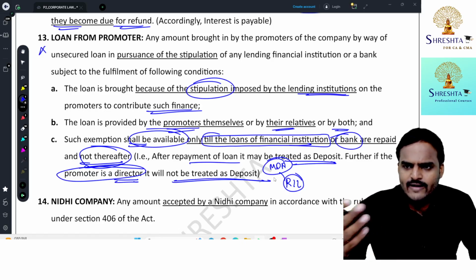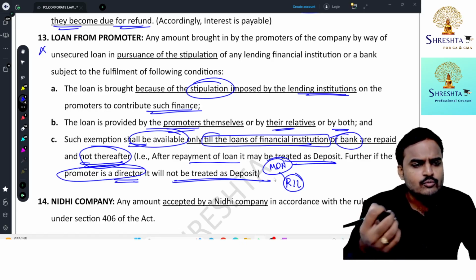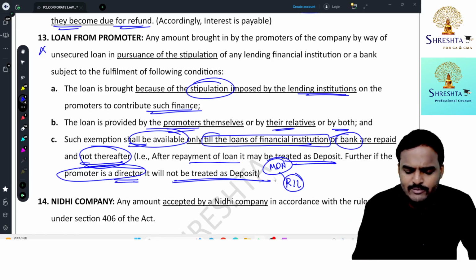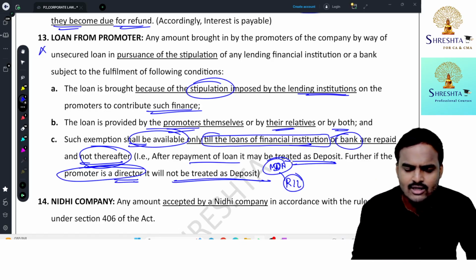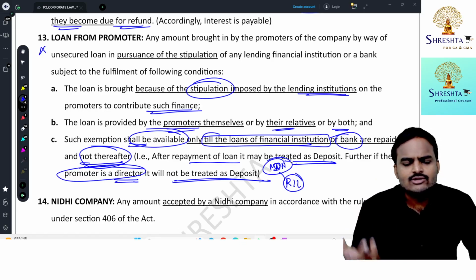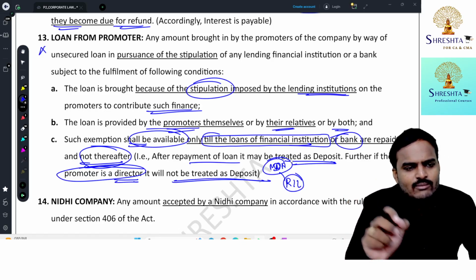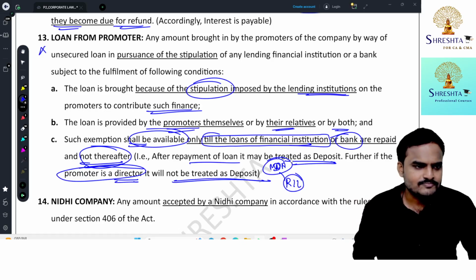Company repaid amounts to the financial institution, and company didn't pay amount to Mukesh Dhirubhai Ambani. Now, will it be treated as a deposit? No. Why? In a promoter capacity, company received loan, but right now he is in the capacity of director also, right? So loans received from director, not a deposit. Like that, we can exclude it from the word deposit.